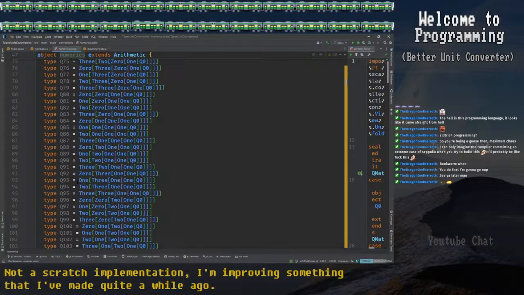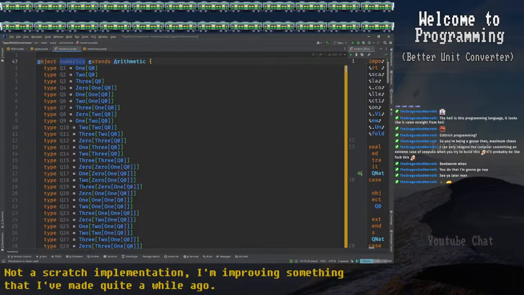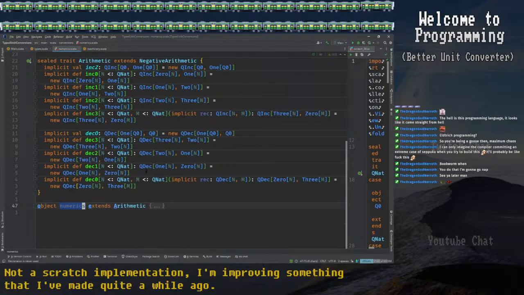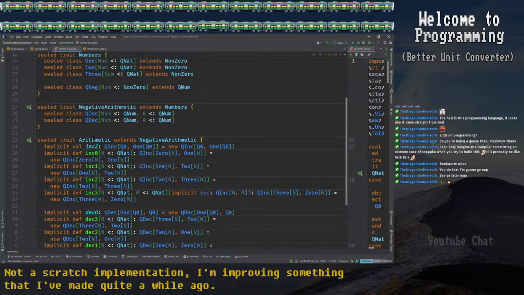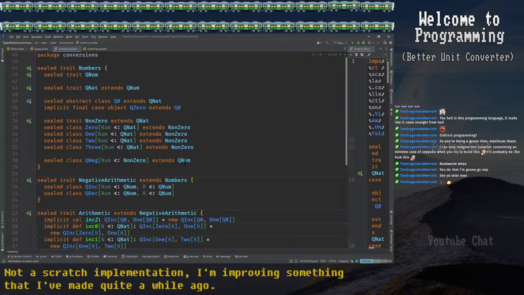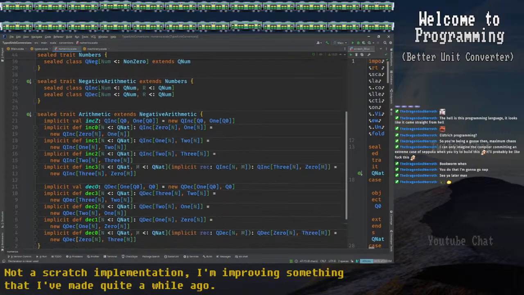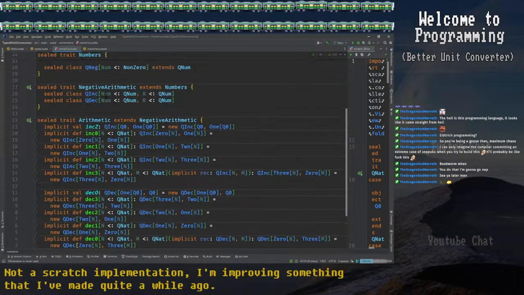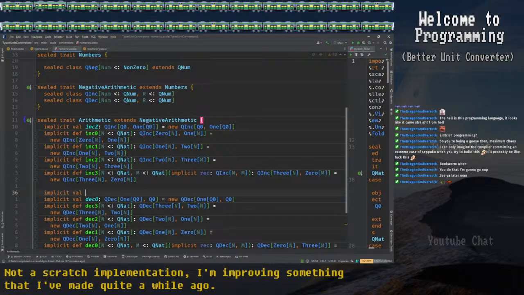It'll try to find anything here, and if it doesn't find anything, it'll delegate that to the class above, which is arithmetic, and if it can't find anything there, it'll delegate it to the class above, where it now finds negative arithmetic, and then numbers. This is way more cursed than I'd hope.